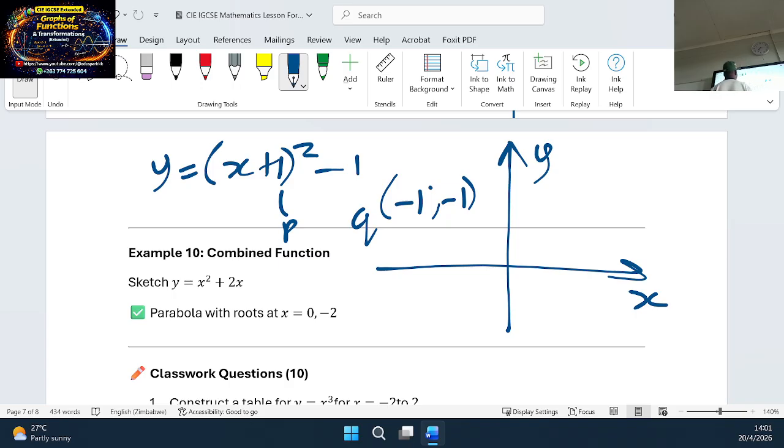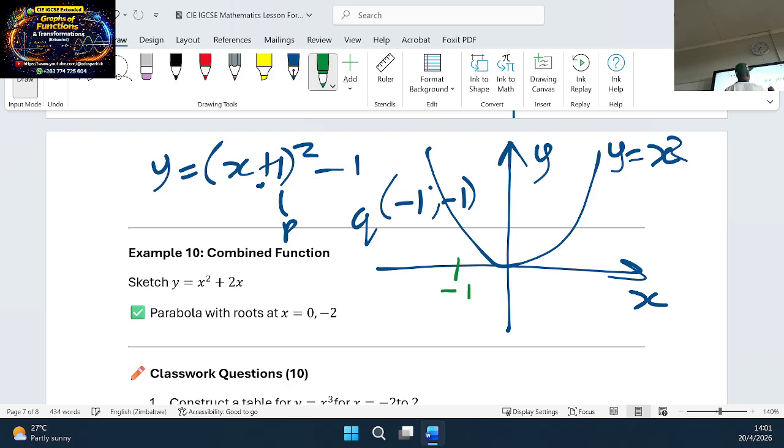So if I'm to sketch this parabola, it was supposed to be having a turning point at the origin. Normally that's how a parabola would look, which is y equal to x squared. But check here, when I say plus, it means it's a shift 1 unit to the left. So where it says plus 1, it means that's the first shift that we have, a horizontal shift.